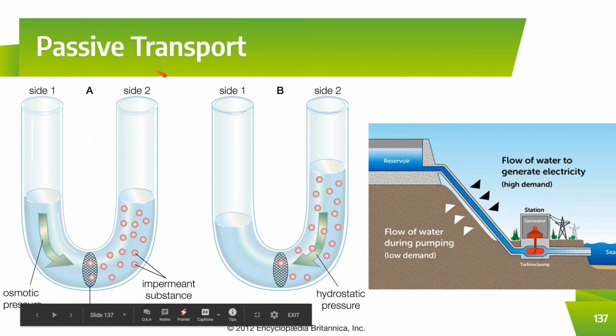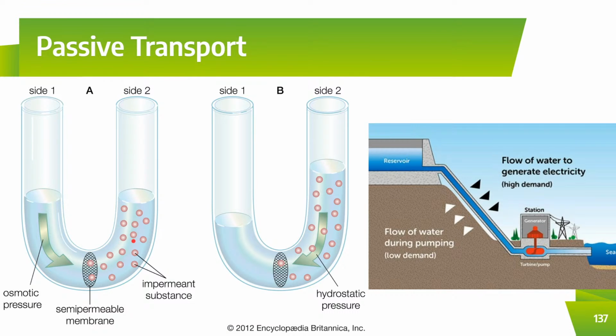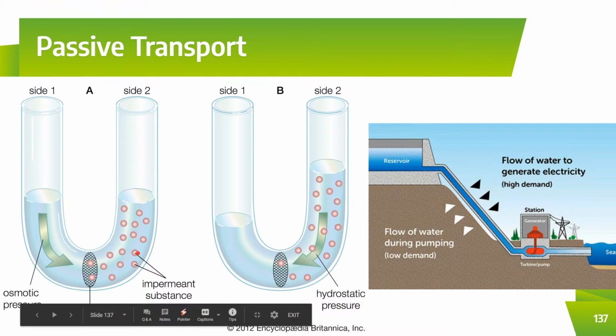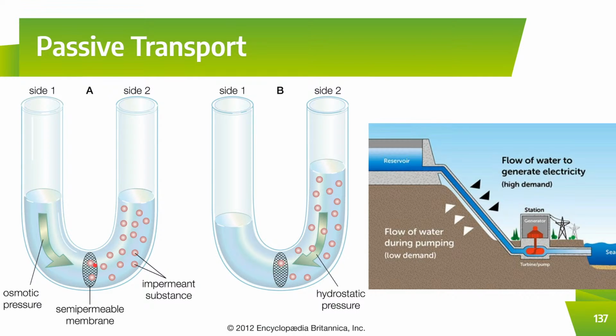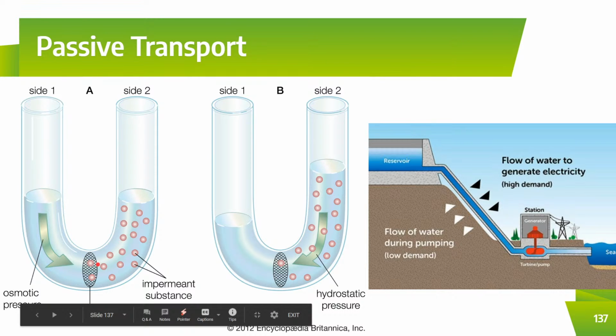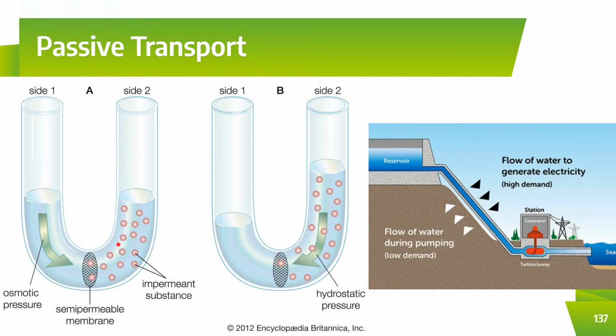Now, what has been done in this case is on side 2, they have put in an impermeant substance, something that cannot go through this membrane. Could be any molecule. Could be salt, could be sugar, could be anything that's miscible in water. What that does is it produces a concentration gradient.